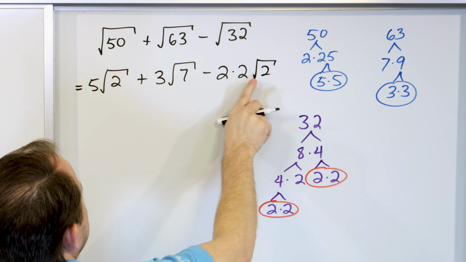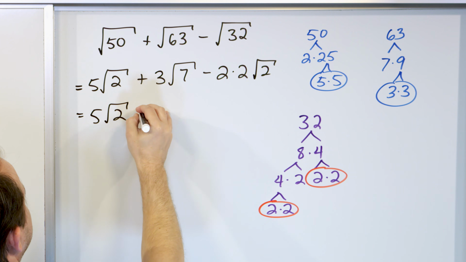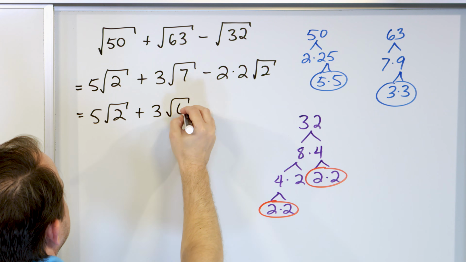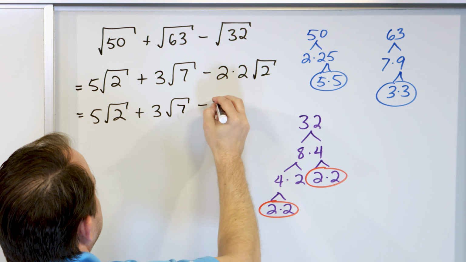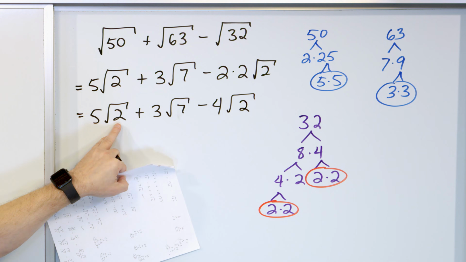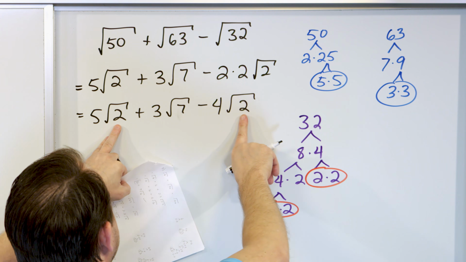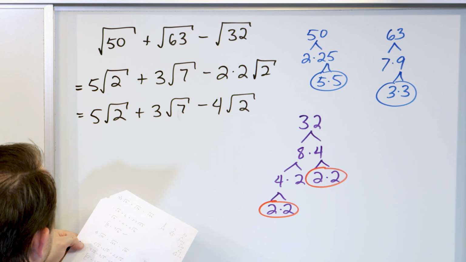So you can see right now you're going to have a match here. But just to be clear, we'll have 5 square root of 2 plus 3 square root of 7, whoops, not 6, 7, minus 4 times the square root of 2. So you have a match here, a square root of 2 and a square root of 2, it's a like term. So you look at the coefficients, 5 minus 4 is 1 times the square root of 2.